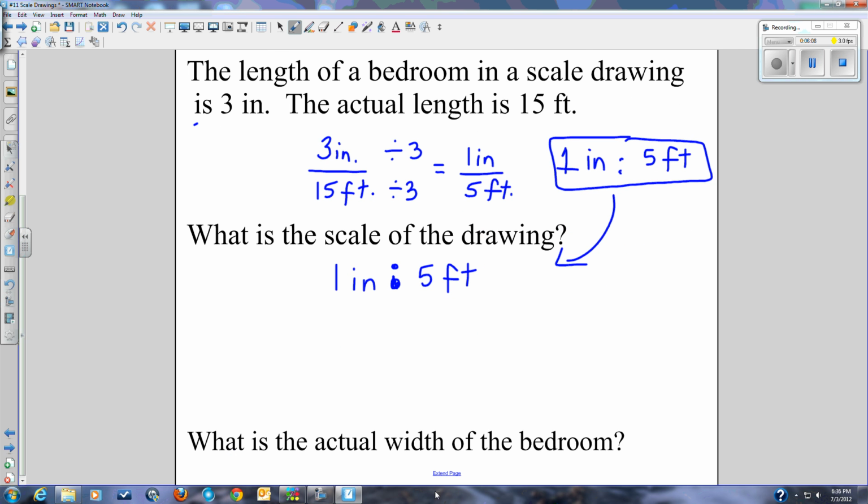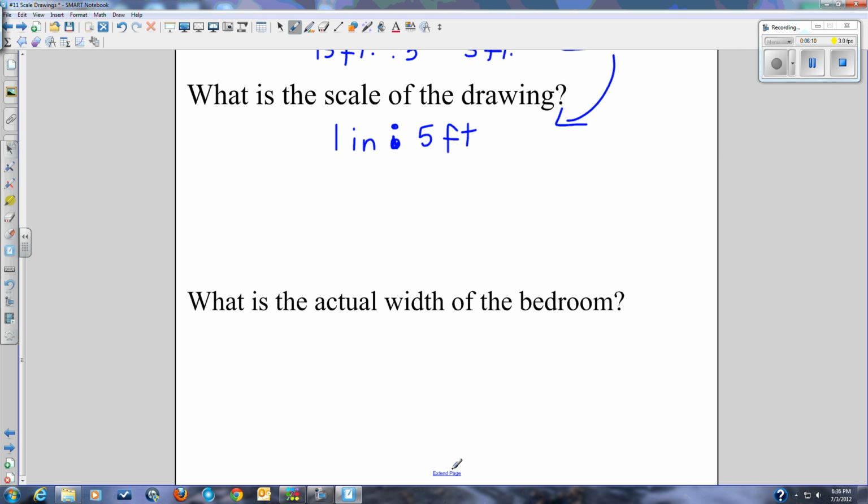Let's come down to this next question. It says, what is the actual width of the bedroom? Let's think about what we know. We've just determined the scale is 1 inch to 5 feet, so let's write that down. Now we are going to make a proportion with the same units right across from each other.